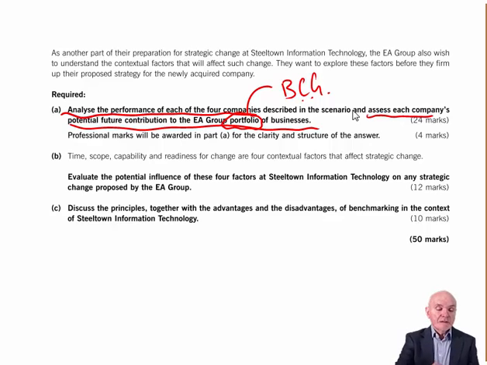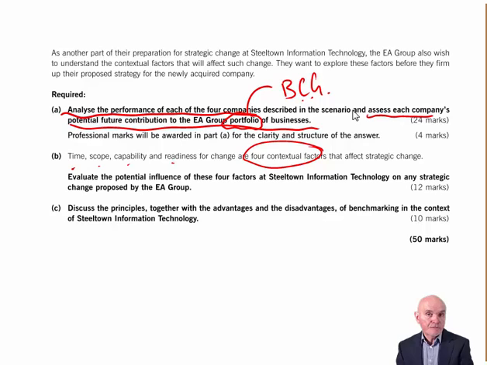Part B says time, scope, capability, readiness for change are 4 contextual features that affect strategic change. And here the second bell should be ringing with you. This phrase contextual feature or context of change is something which comes up in Balogun and Hope Hailey and their theory of change management. We had the contextual features, and then we had the design choices.